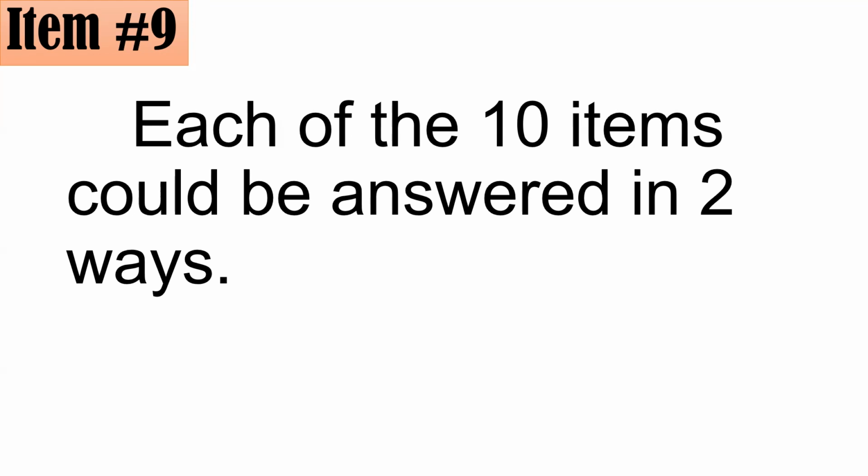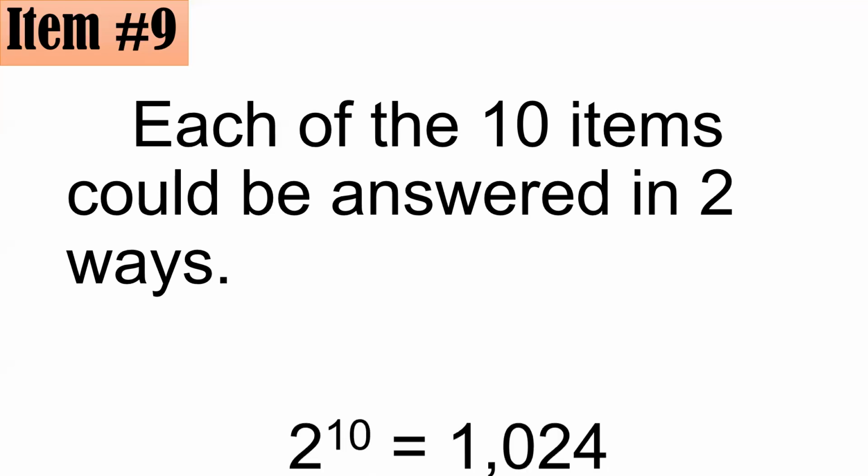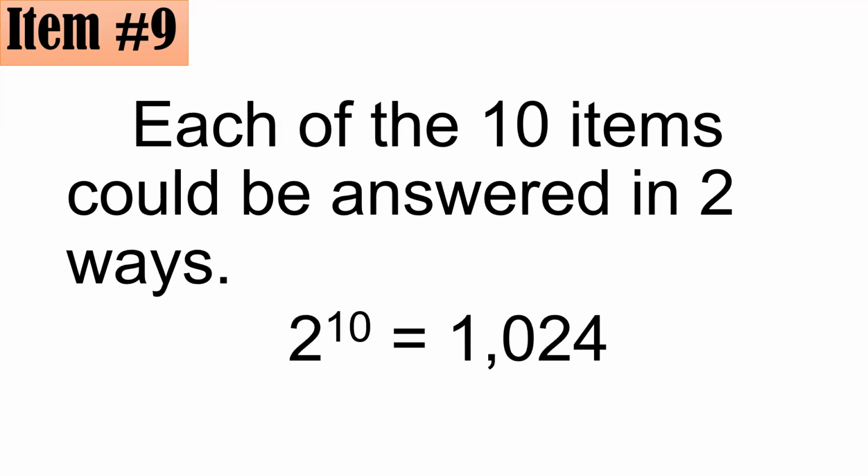But since you have 10 of them, 2 times 2 times 2 times 2 times 2 times 2 times 2 times 2 times 2, so you take 2 as a factor 10 times. That's why it's 2 raised to 10. And I agree po with Sir Jeffrey, 1,024. Letter C. Good job, everyone. Fundamental counting principle.